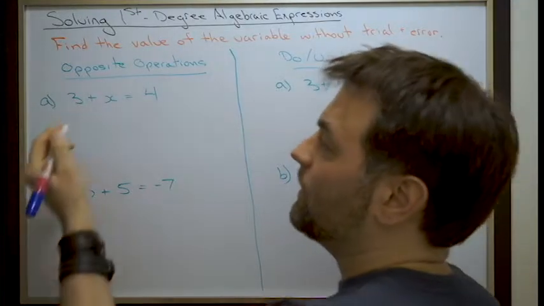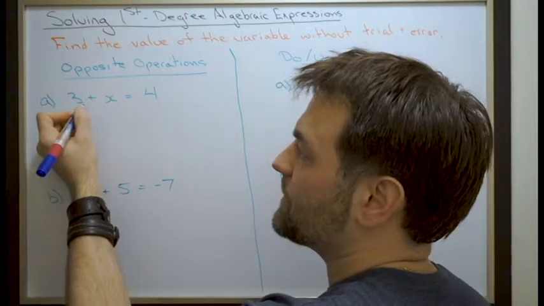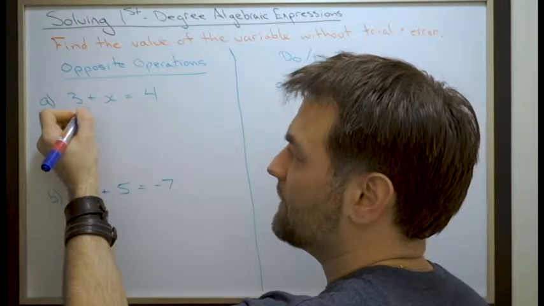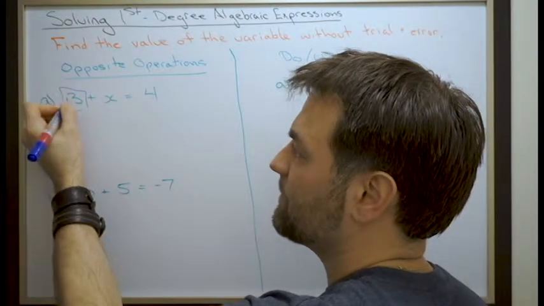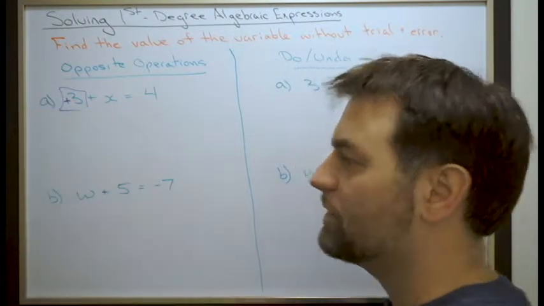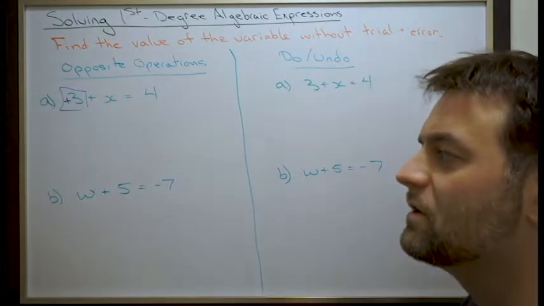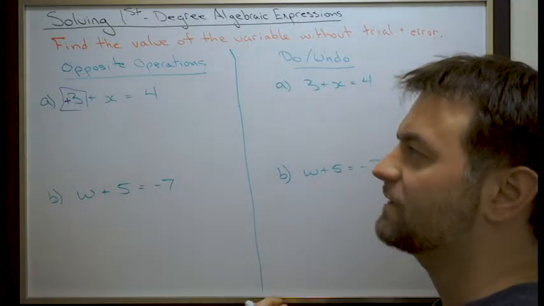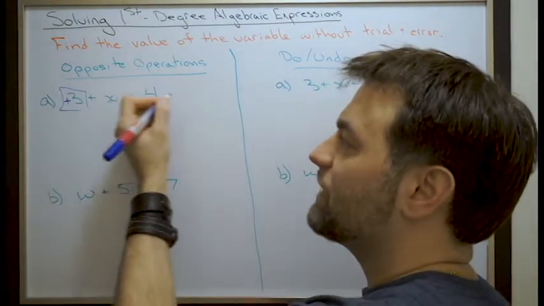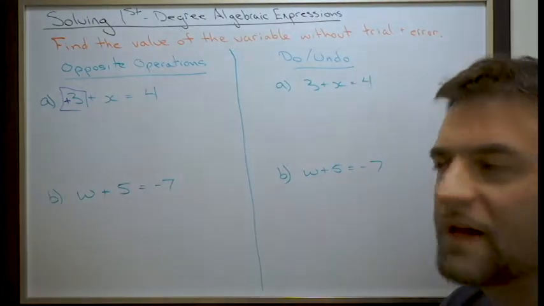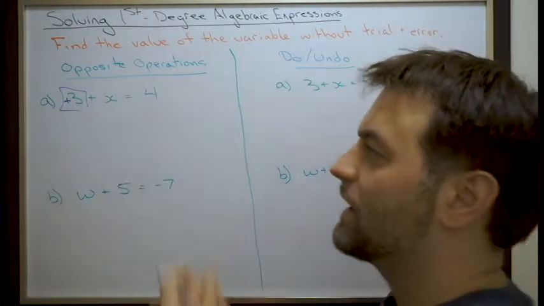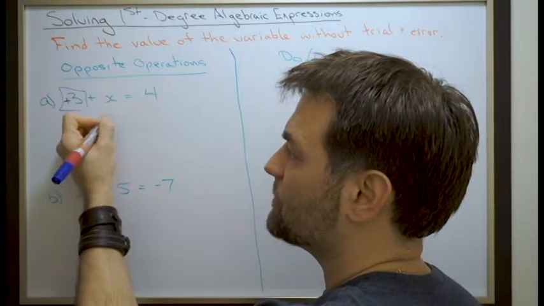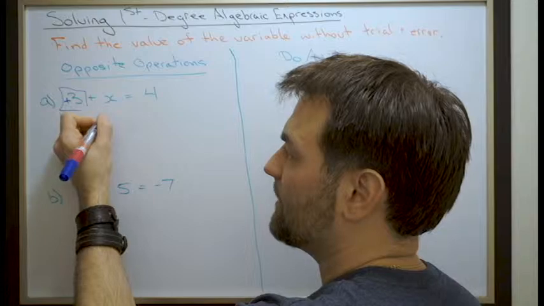So in this case here, opposite operations, we are adding a positive 3 to the positive x. So we're going to move that 3 over to the other side of the equal sign. I've highlighted it here, and you should do the same. And then I'm going to have that x.